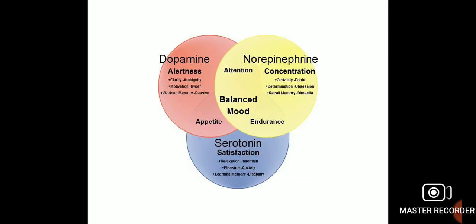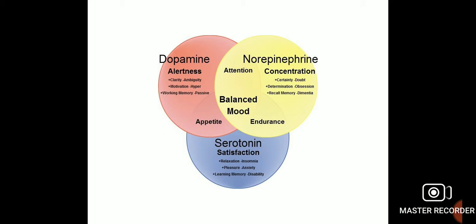The major neurotransmitters considered in memory and learning are dopamine, norepinephrine and serotonin, which all three together act in balancing the mood. Norepinephrine is majorly involved in attention, dopamine in appetite, and serotonin in endurance.